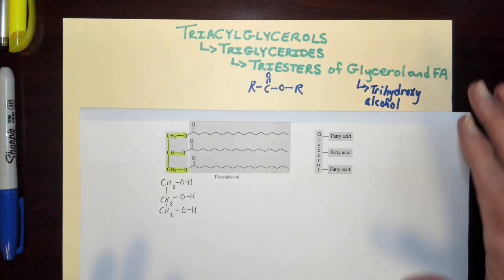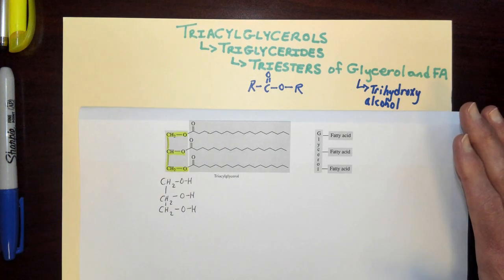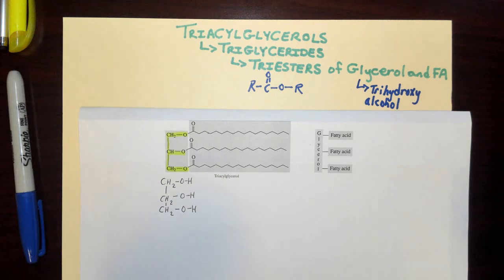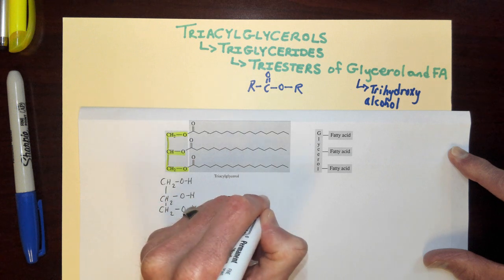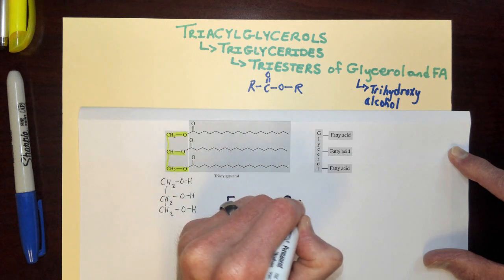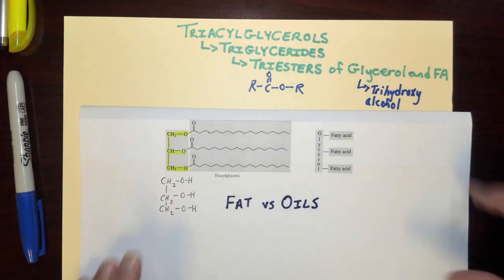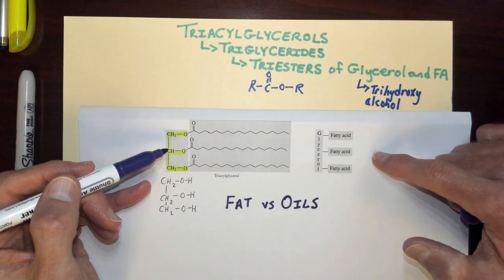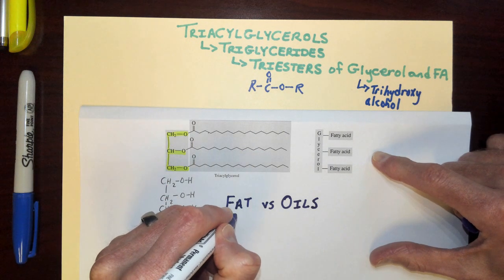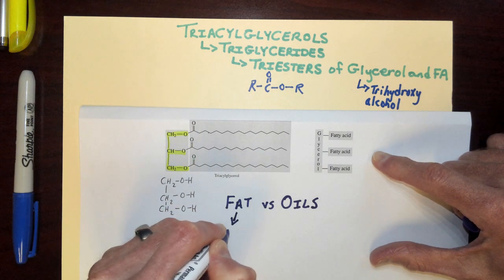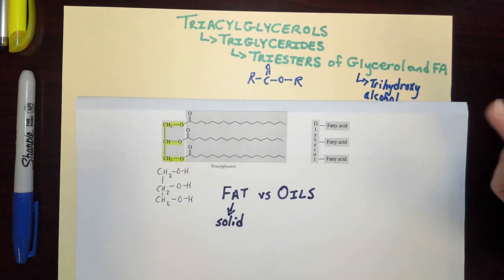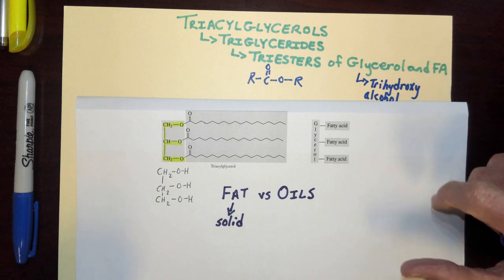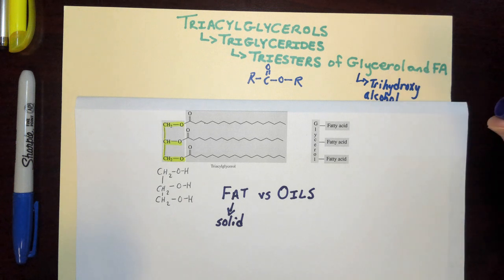Now, one thing about these triglycerides, we can differentiate them as fats versus oils. If this takes on a solid structure at room temperature, it's considered a fat. A lot of times those are from animal sources, what we would call animal fats.